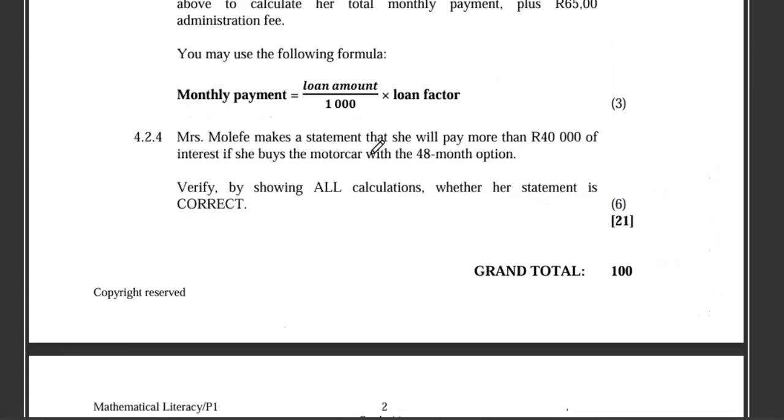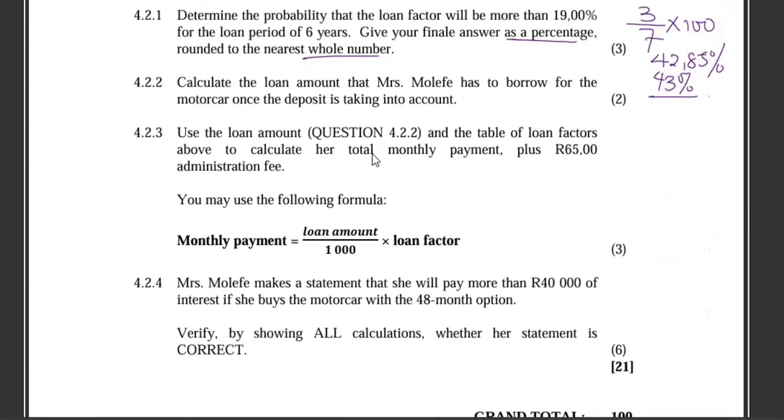So let's come down and we shall say 198,000 minus the deposit worth 29,700. So the answer there becomes 168,300.